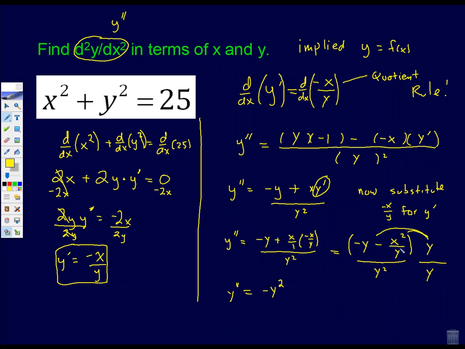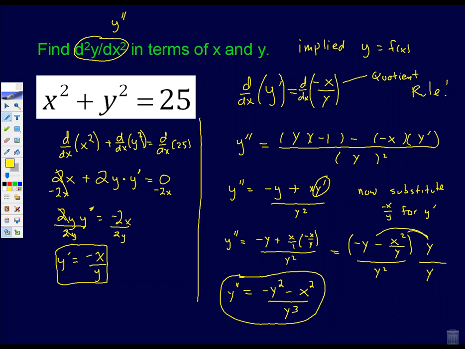Y times the x squared over y would kill the y denominator, so it's going to leave you with minus x squared. And then on the bottom, it's y squared times y, which is y cubed. Technically now this is good. Everything is involving y and x. There's no little fractions inside of the big fraction. That can be your final answer.